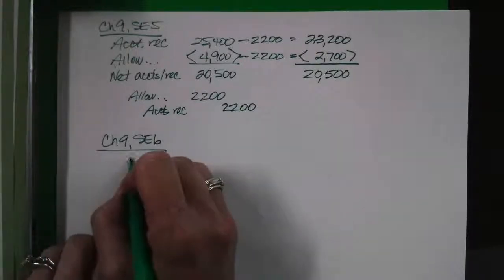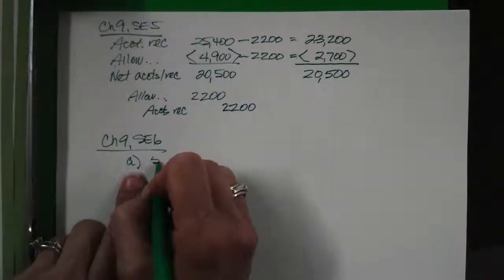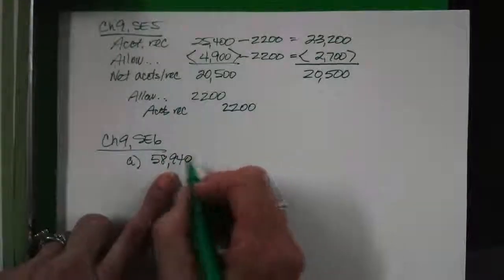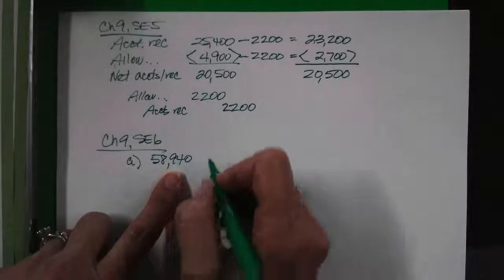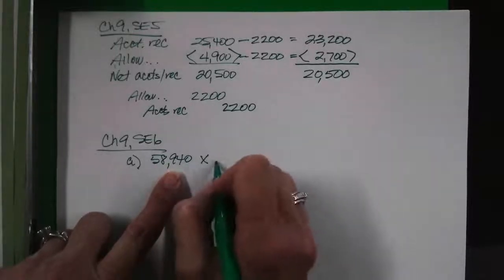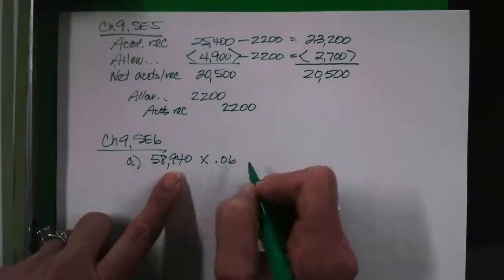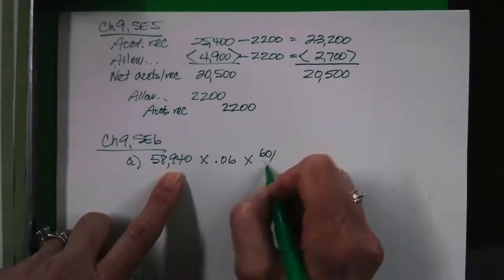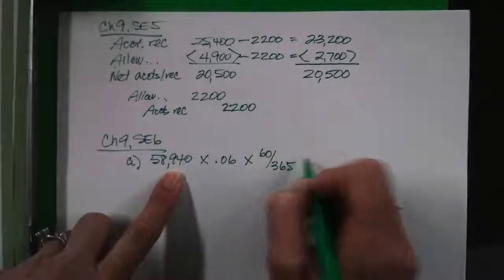Okay, so A, $58,940 is our note receivable. We're owed 6%, but only for 60 days out of 365.